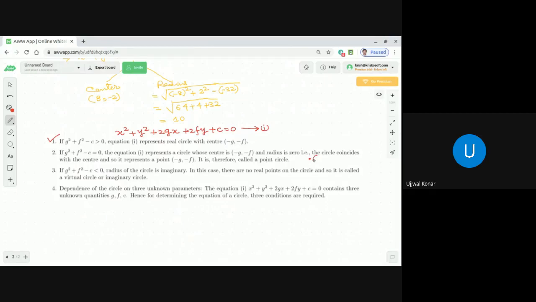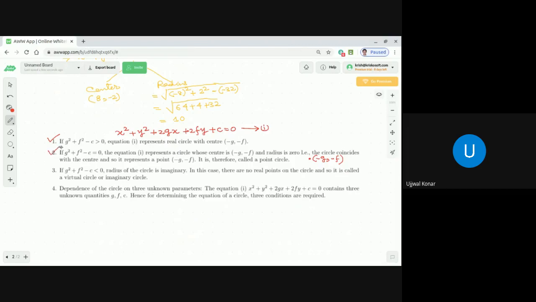So, dear students, if you find an equation like x square plus y square plus 2gx plus 2fy plus c equal to 0, in which g square plus f square minus c is equal to 0, you can conclude that the equation represents nothing but a point with coordinates minus g comma minus f. That is the second one.